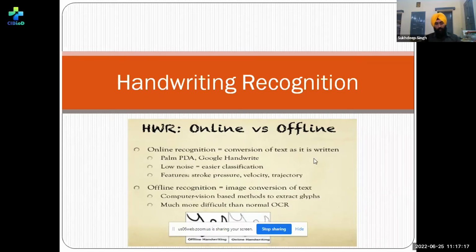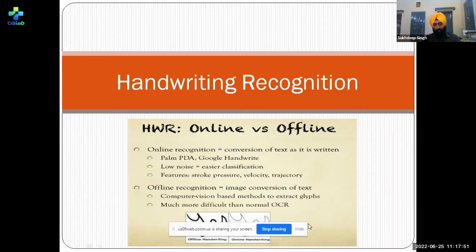It also captures the pressure of the pen, velocity, and various other things while we are writing on the digital surface. On the other hand, offline handwriting is where the text is first written on paper, then scanned by the computer. After that, there is a digitization process, then a binarization process, and then that text can be understood by the computer. That is offline handwriting recognition.